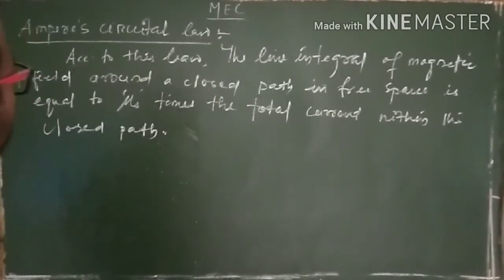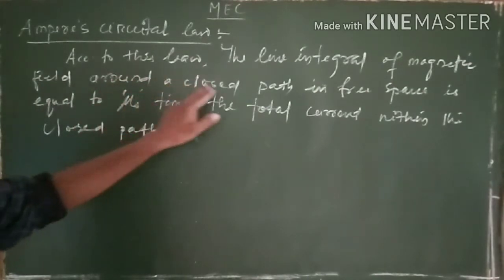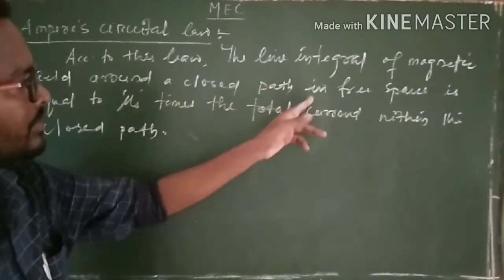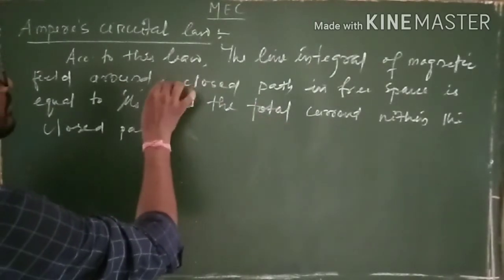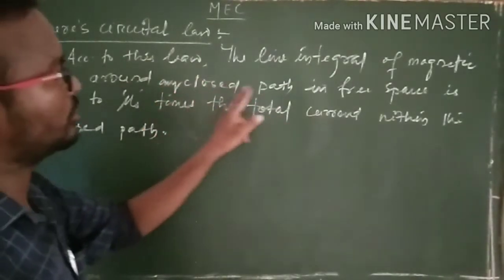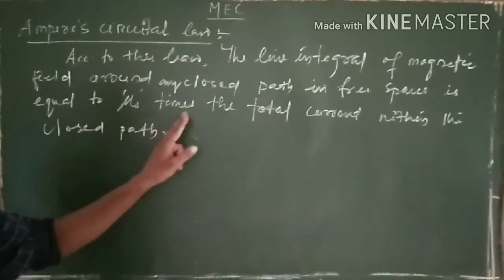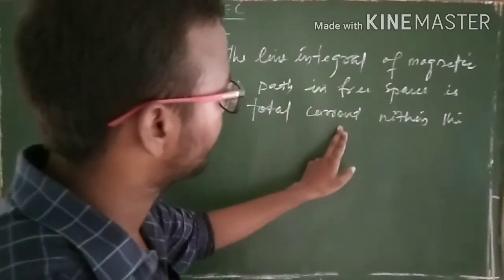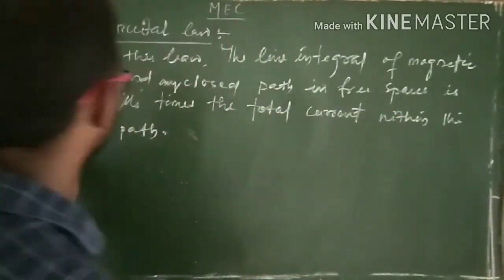So according to this statement, the line integral of a magnetic field around a closed path or any closed loop in free space is equal to mu naught times the total current within the closed loop.